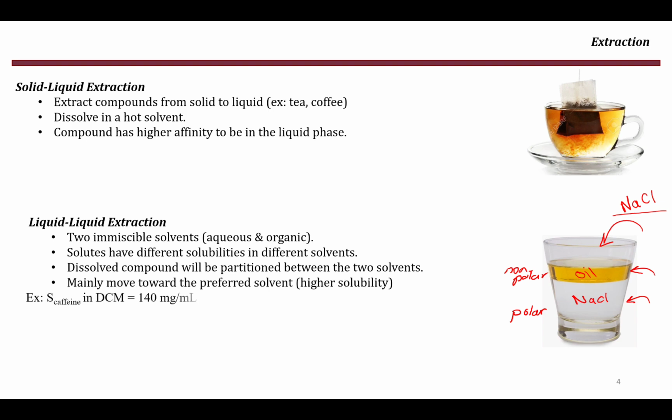So this is what we're talking about. And for example, again, caffeine has higher solubility in dichloromethane. So whenever I have a mixture of dichloromethane and H2O, my caffeine will mainly be available in the dichloromethane layer and not in the H2O layer.